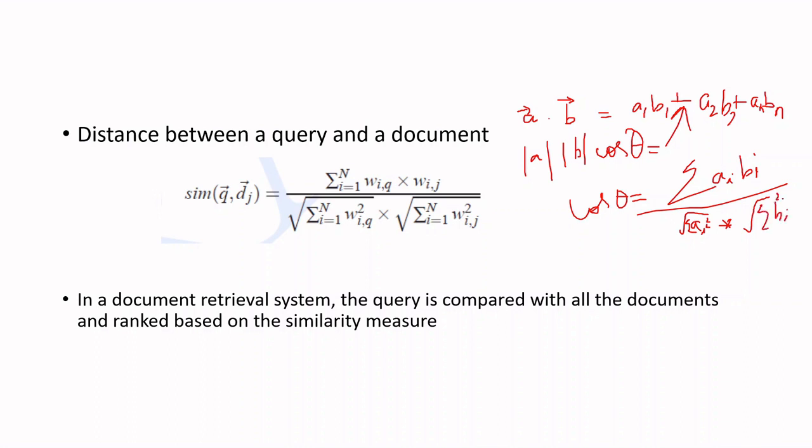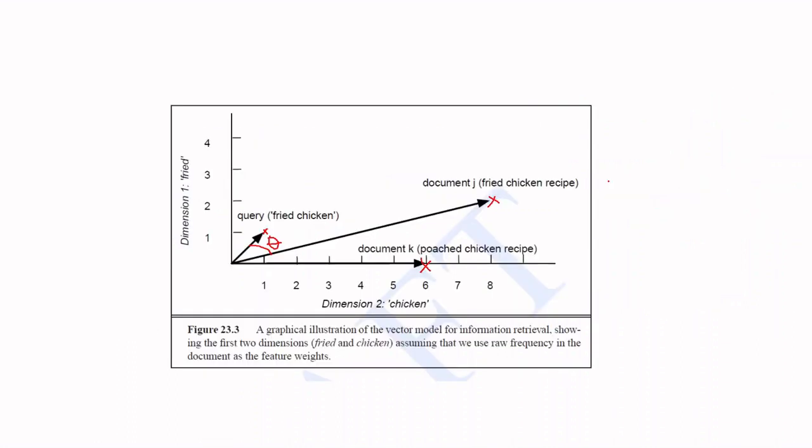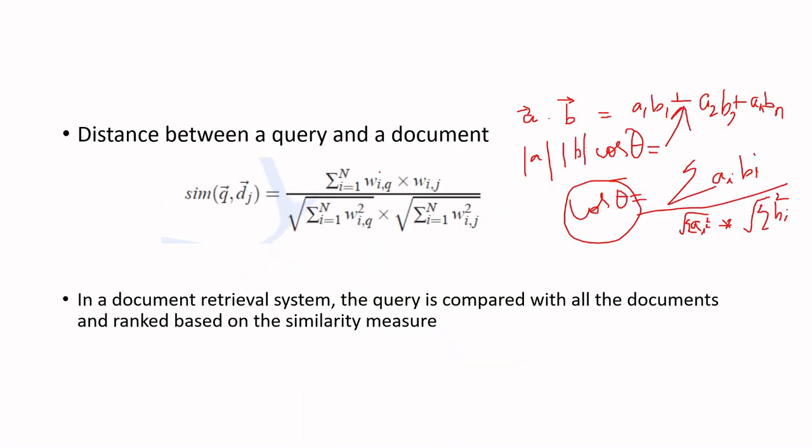So cos theta is this. Here we said theta is the similarity between two vectors. If two vectors are actually the same, the angle is 0, then you have maximum similarity because cos 0 is 1. And when they are at maximum distance, cos 90 is 0, then similarity is 0. So the same representation is being used here.